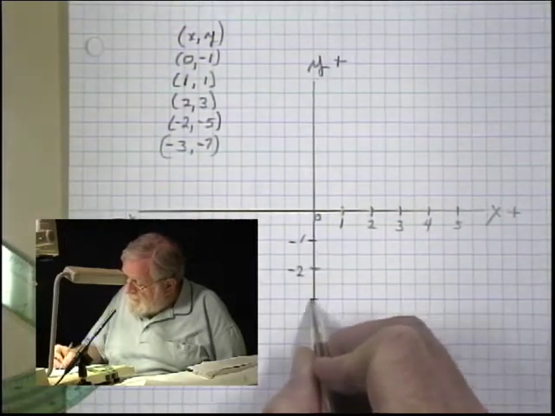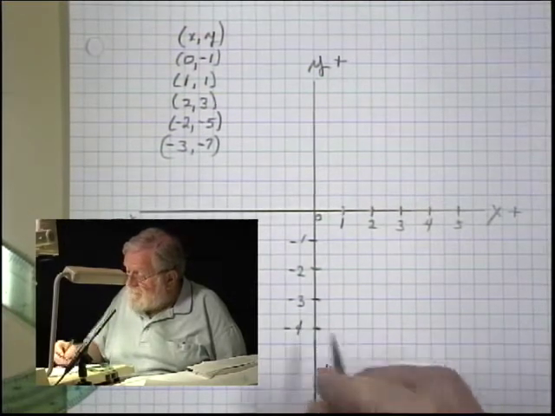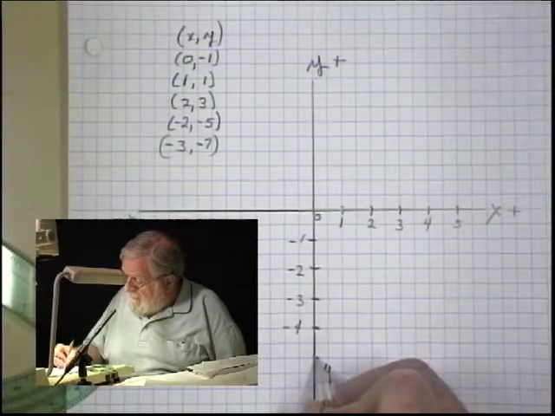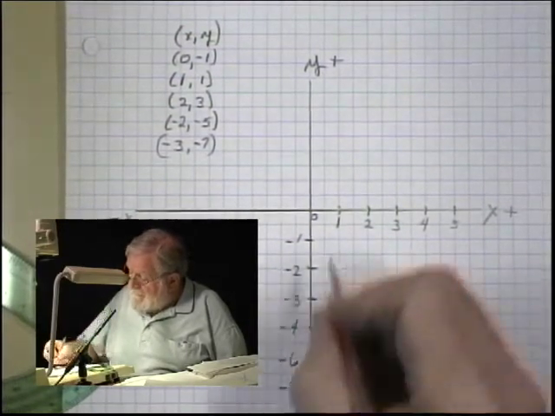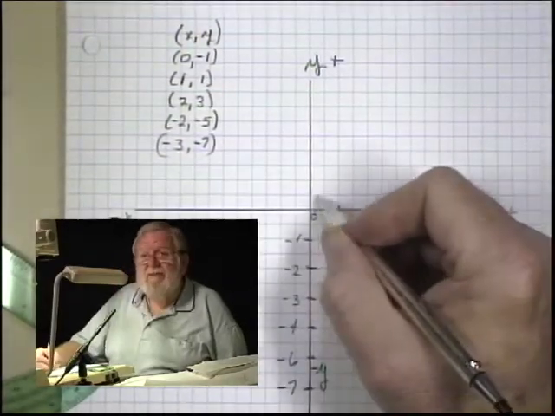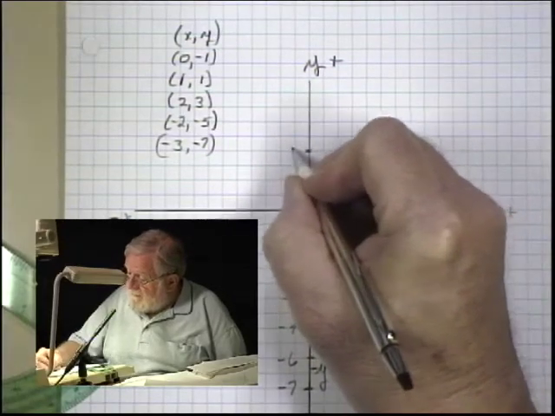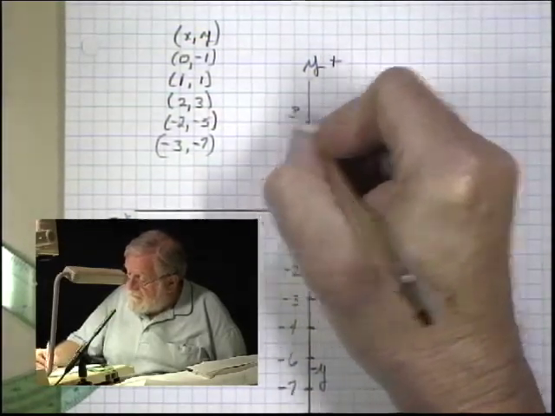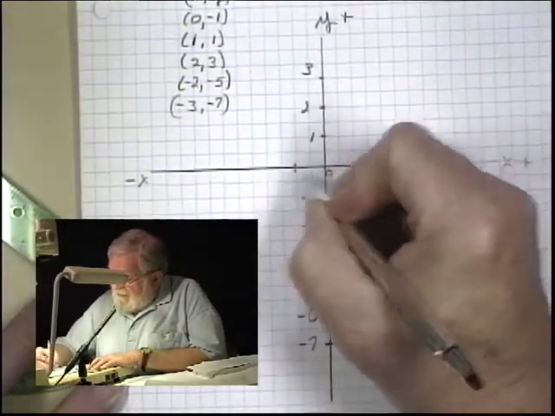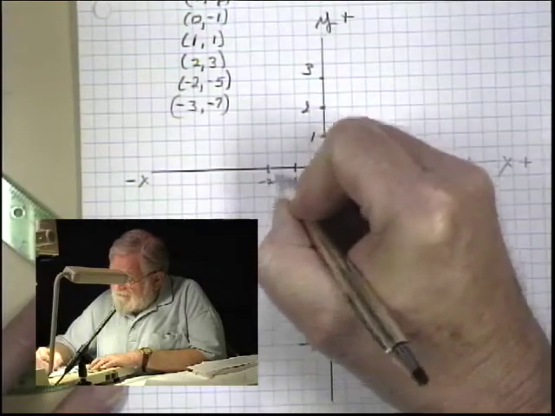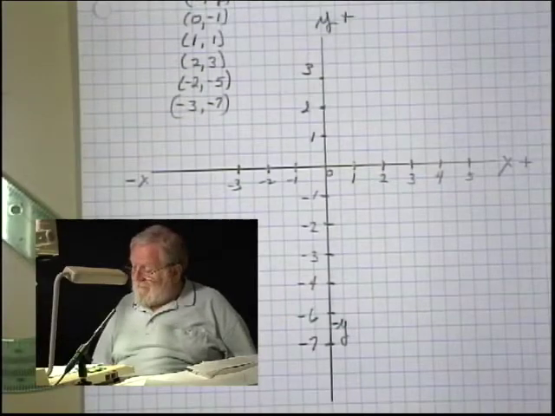This would be a -2, this would be a -3, -4, -6, -7 down here. When we go above the 0, we're in positive, so we'd have 1, 2, 3, and to the left, -1, -2, -3. I can add more if I need them as I graph.